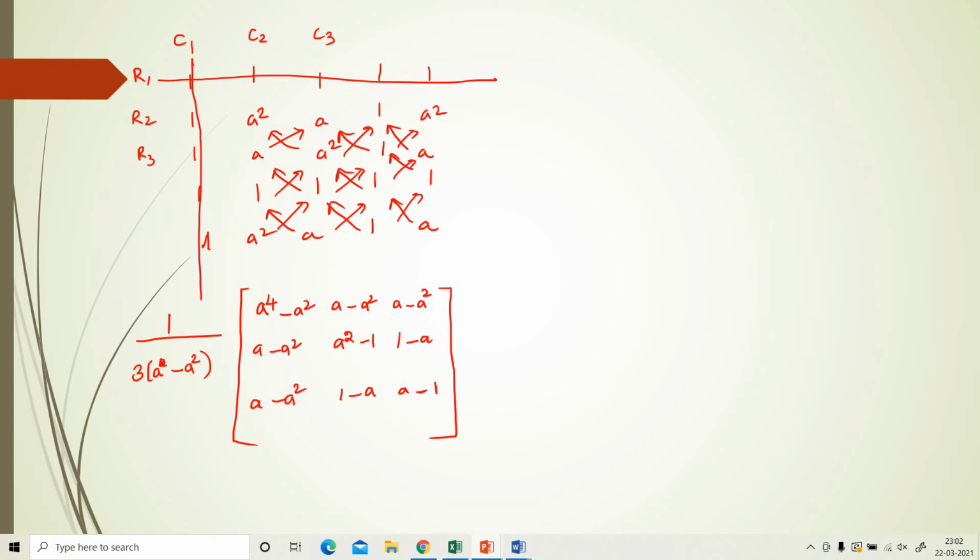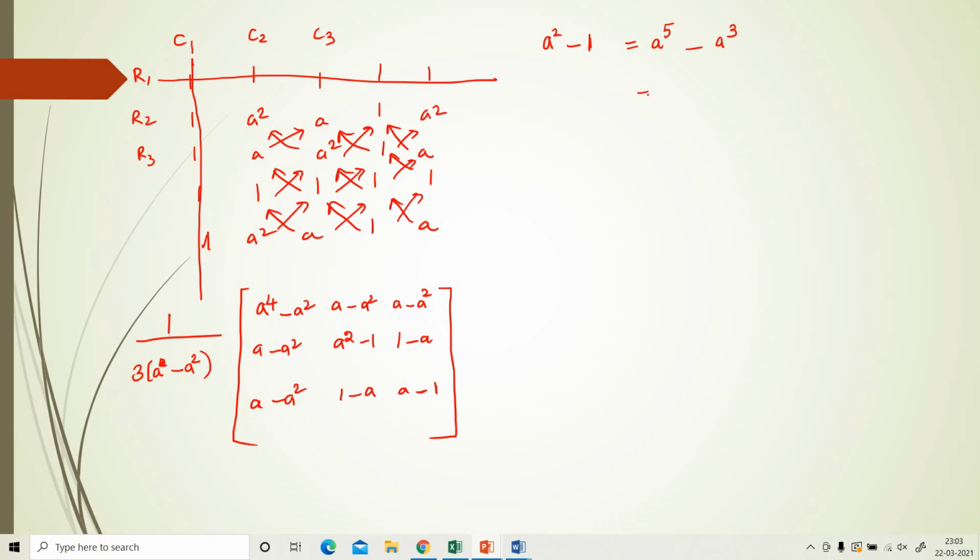And after finishing this, what I have to do? I am going to find out the matrix. So have to rewrite like this. A square minus 1. How I can write A square minus 1? A square minus 1 I can rewrite as A power 5 minus A cube.